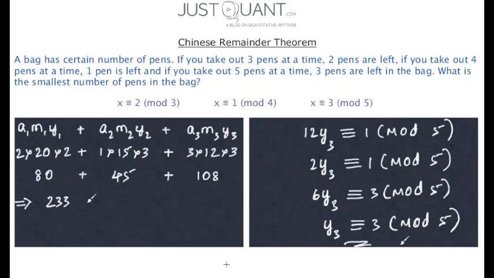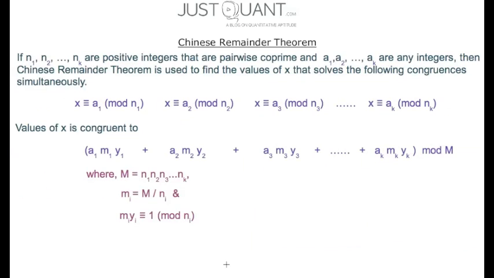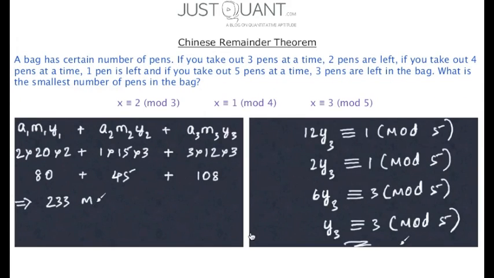Now 233 gives us only one value of x. The values that x takes is obtained by using mod m. Hence we have 233 mod m, where m is obtained by multiplying 3, 4 and 5, which is 60.